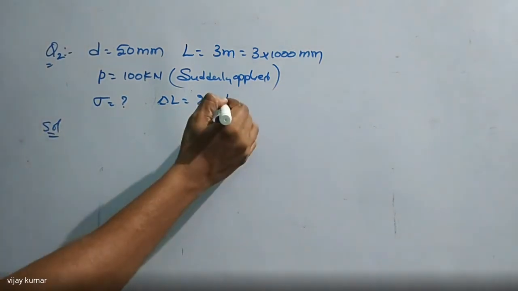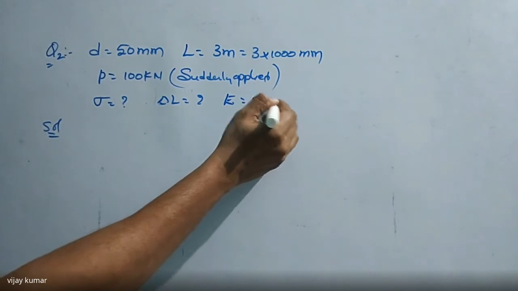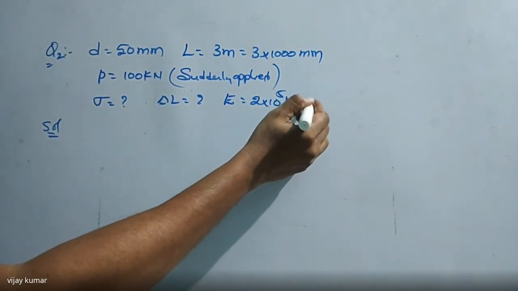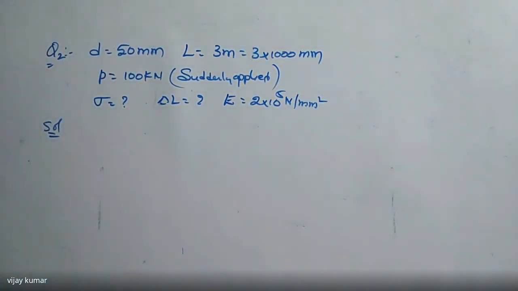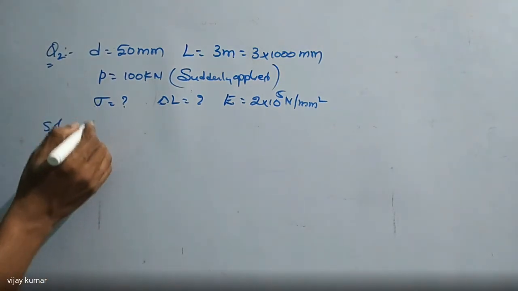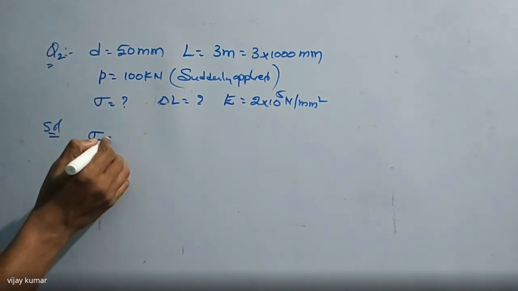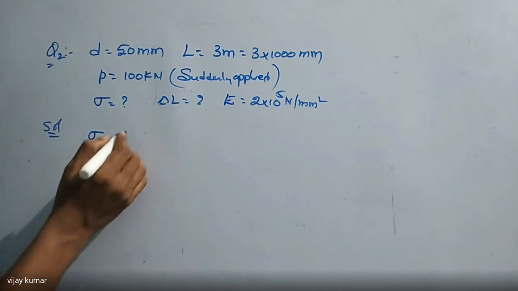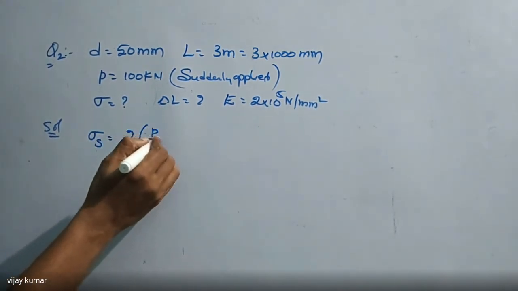So take E value is equal to 2 into 10 to the power of 5 Newton per mm square. This is common for steel, that is Young's modulus. Now how to calculate here? The stress in case of a suddenly applied load is always 2 times that of a gradually applied load.